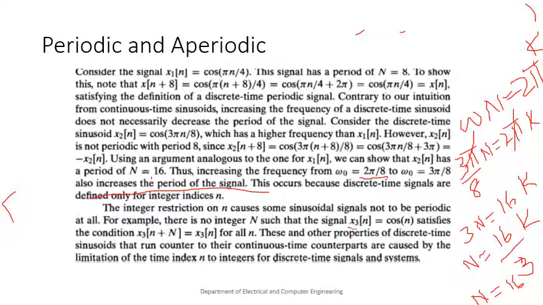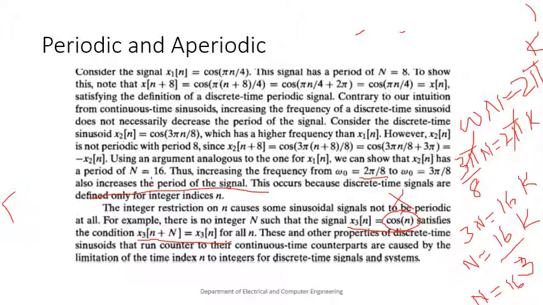Likewise, there is another signal, x3 of n is equal to cos of n. Now we see that there is no pi in the frequency. We can only put n equal to 0, 1, 2, 3, 4, 5. So this signal will not be periodic at all. The integer restriction on n causes some sinusoids not to be periodic. For example, there is no integer value of N such that x3 of n equal to cos of n satisfies the periodicity condition. So this is not a periodic signal.